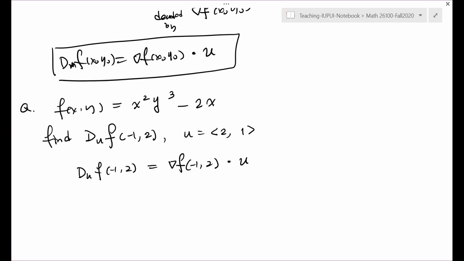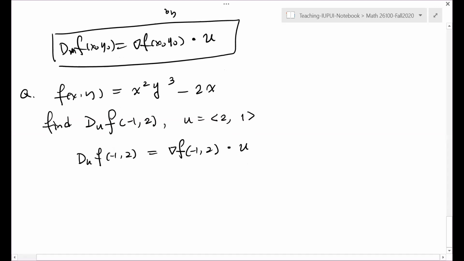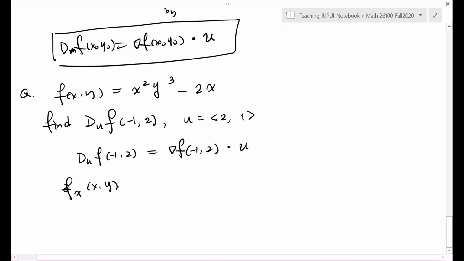You write down the formula, and all you have to do is find the partial derivatives of the function first. This is going to be 2x y cubed minus 2. Another one will be 3x squared y squared.